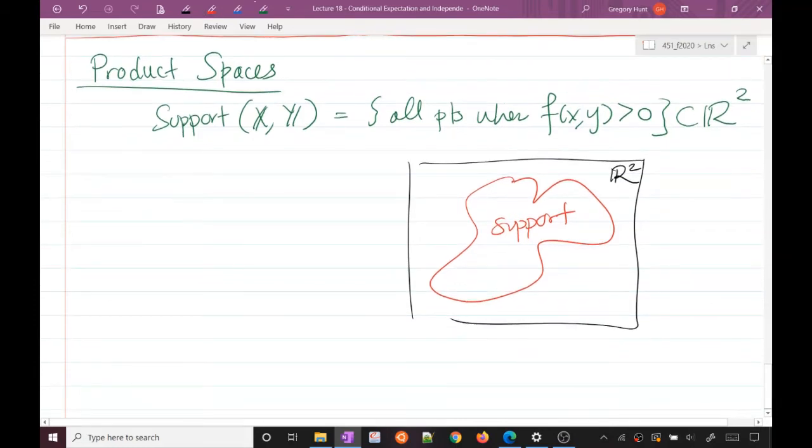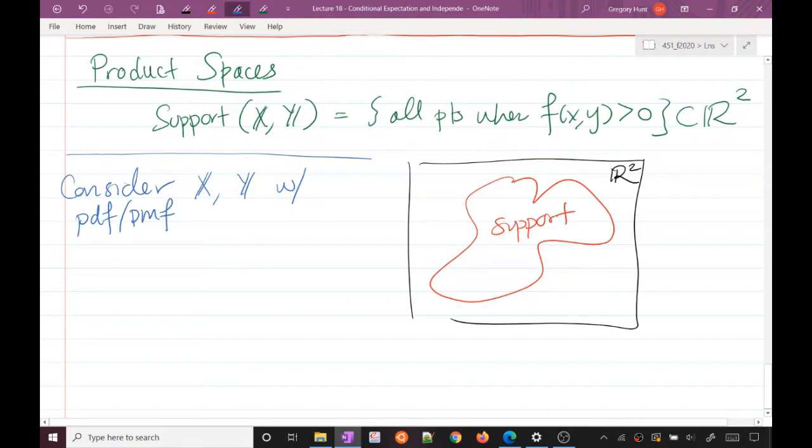We want to pay particular attention to the cases where we can write the support as a simple Cartesian product. So consider we have random variables X and Y with a joint PDF or PMF.